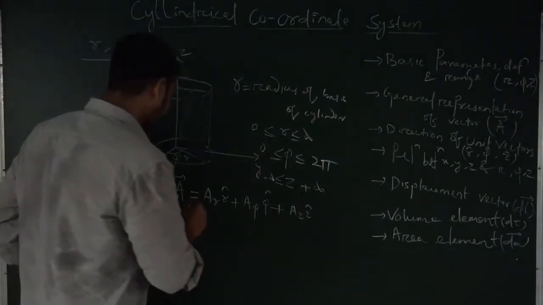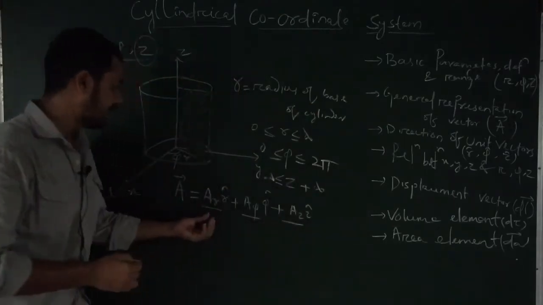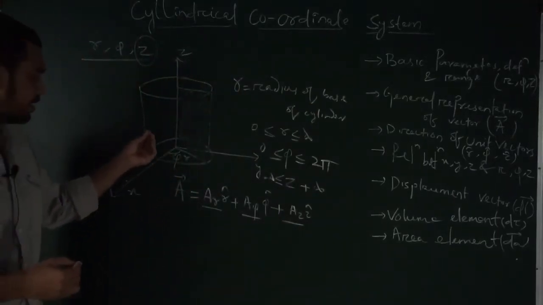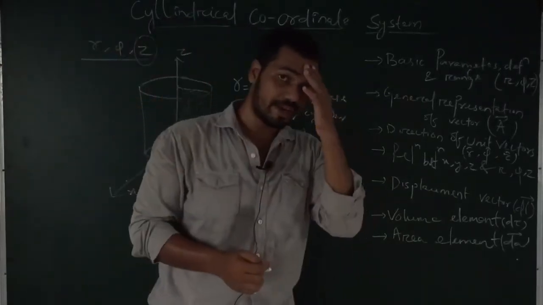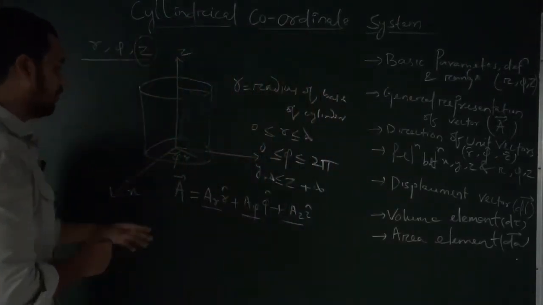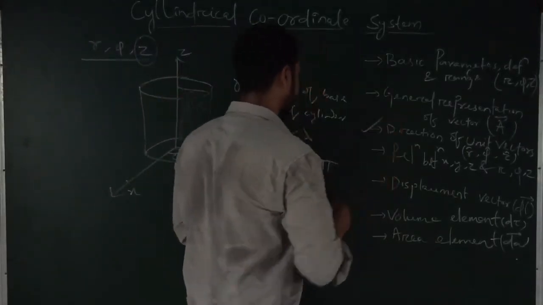Okay. So A_r, A_phi and A_z are the magnitudes of the vector A along r cap, phi cap and z cap direction.